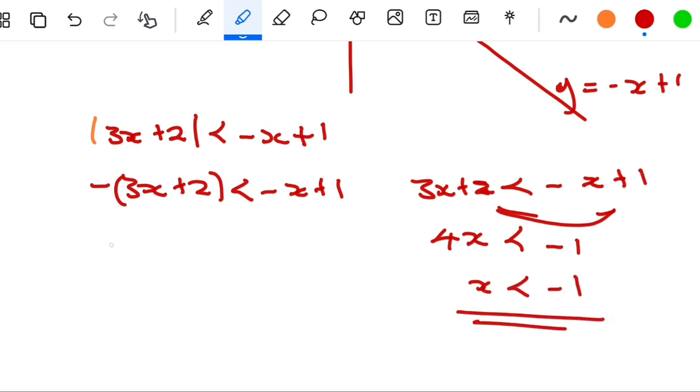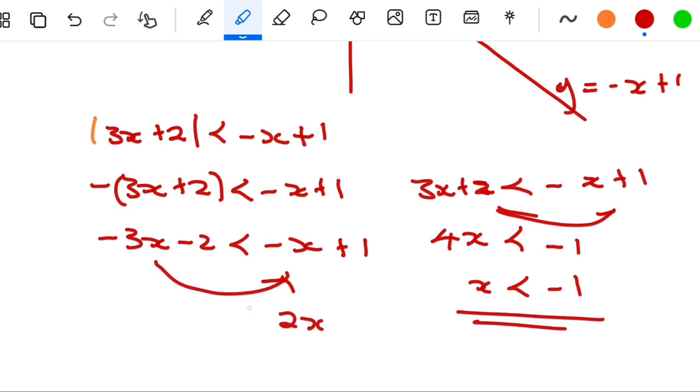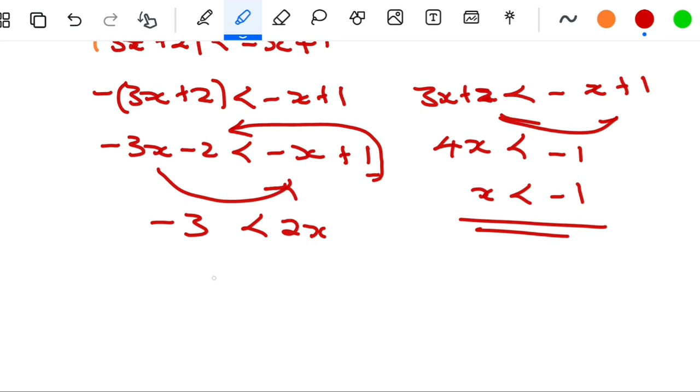Then the second one: negative 3x minus 2 less than negative x plus 1. So this x going there, I've got negative 2x less than, with this going there, 3. So I've got negative 3 over 2 less than x.